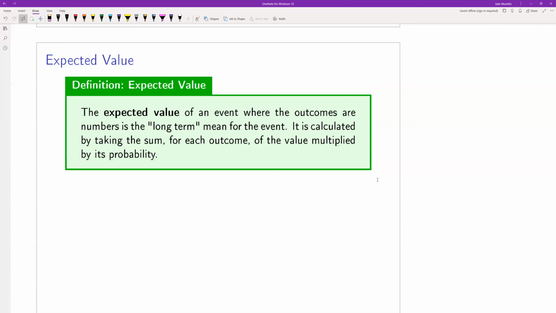What we will do is for every single probability, we will multiply the value of that event by the probability of that outcome happening, and then we'll add them all up. It's kind of like where you take a mean of a frequency table, where you multiply each frequency by the number, except for the fact that we don't have to divide by how many there are, because we know that the total is going to be 100%. So that part's already taken care of.